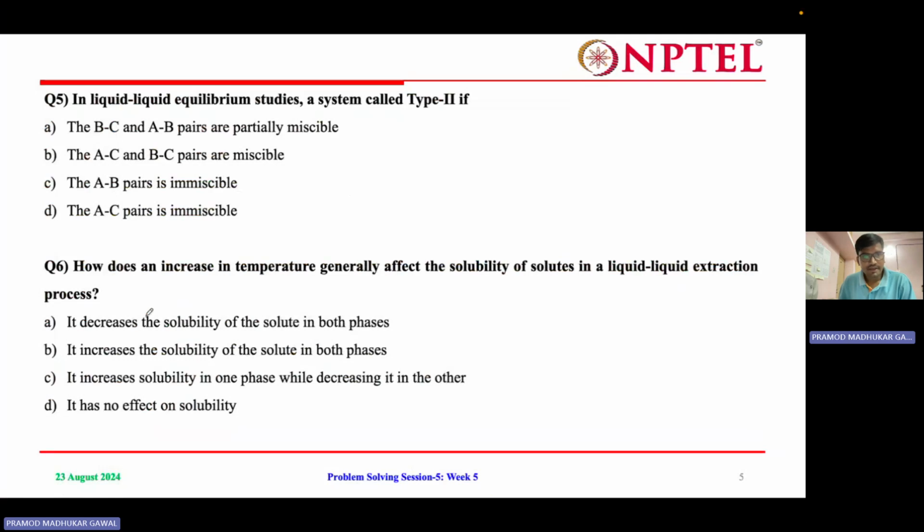Question 6: how does an increase of temperature generally affect the solubility of solute in the liquid extraction process? Generally, when we increase the temperature of any system, it increases the solubility, right?